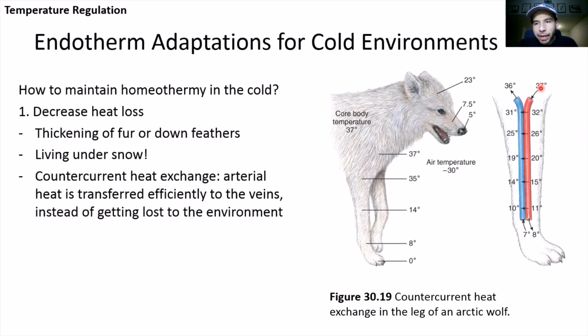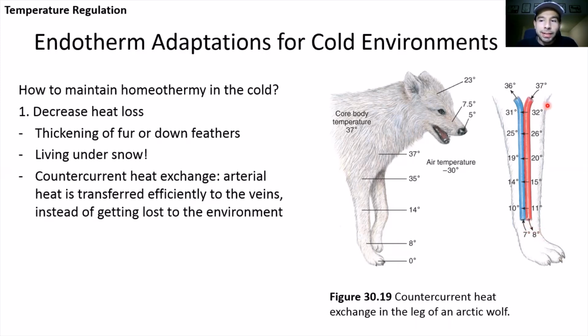So blood is coming here from the heart down this artery at 37 degrees. And if it kept going at 37 degrees here, there would be so much opportunity for it to lose heat at the paw.